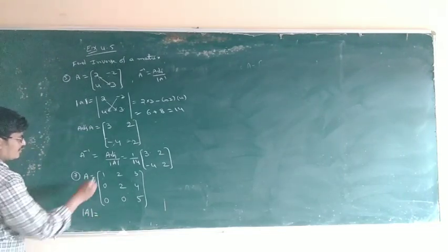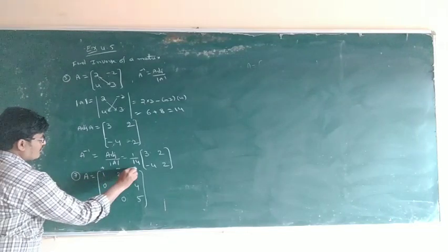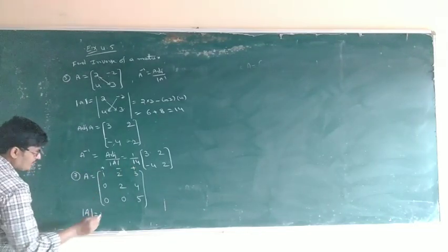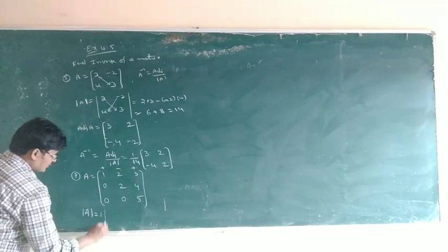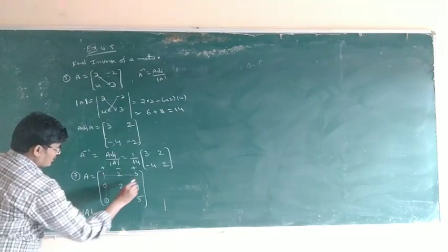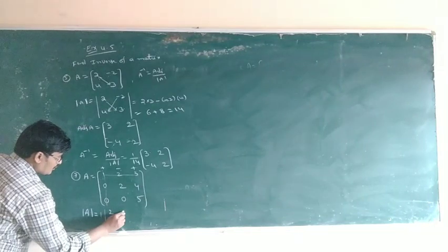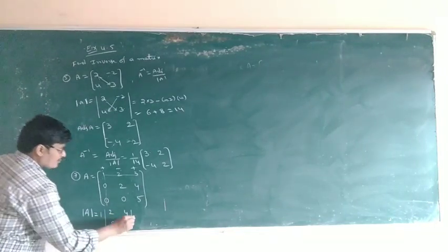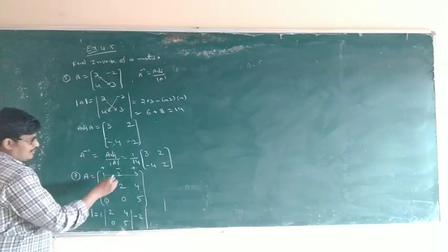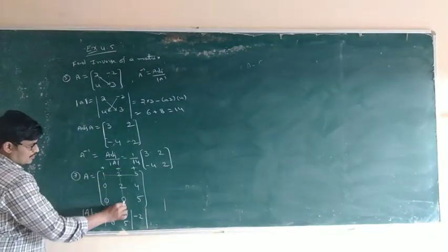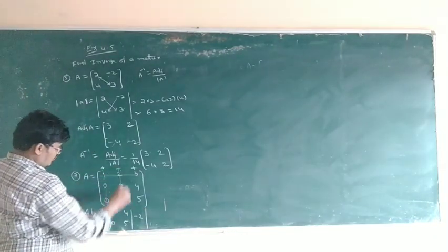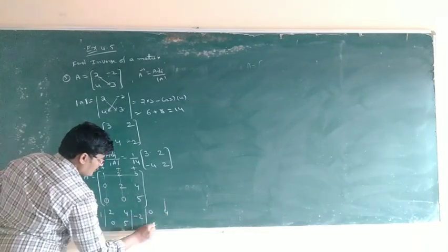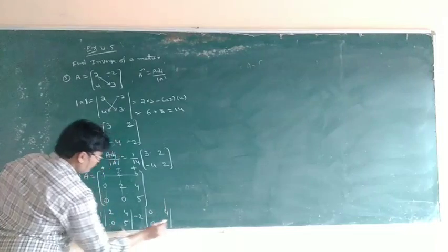Determinant of A, along the first row with signs plus minus plus: 1 into the determinant of the corresponding remaining rows and columns, 2 4 0 5. Next minus 2 into 0 4 0 5.